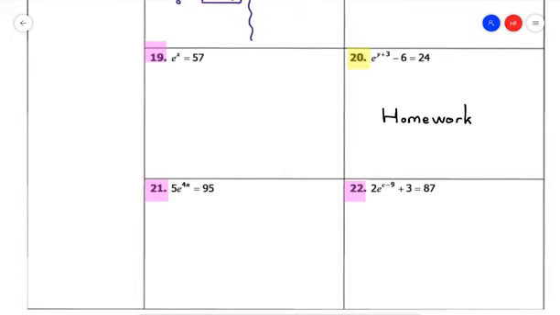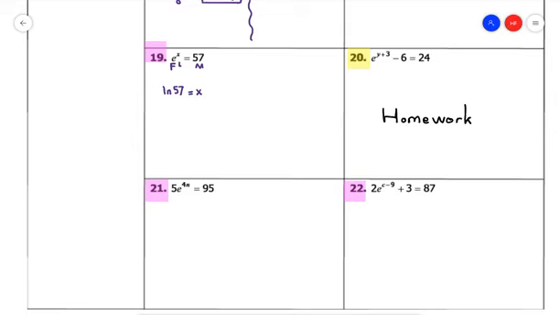We're going to do the same thing on 19. We're already in exponential form. So e to some power equals 57. So ln of 57 equals x.